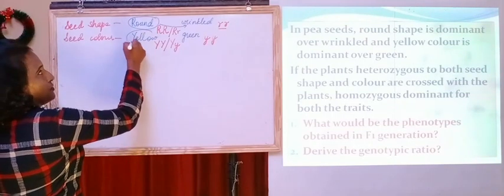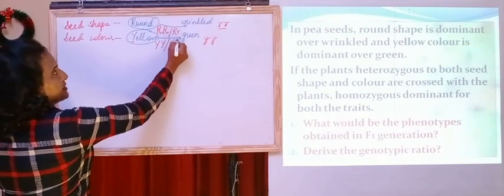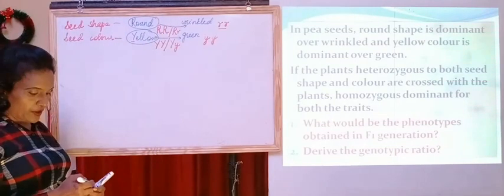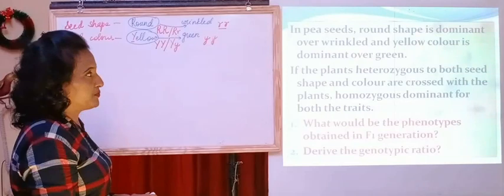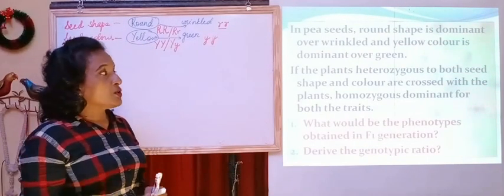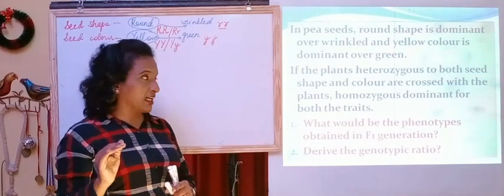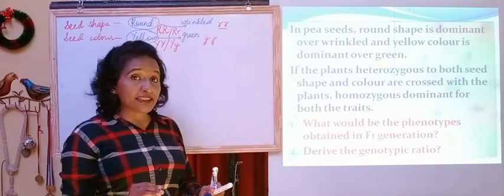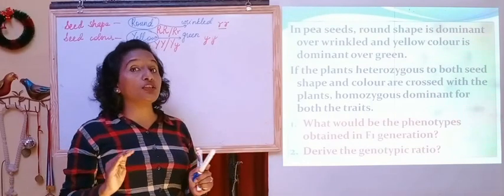So, we already know that yellow is dominant over green and round is dominant over wrinkled. Now we will read the question. If the plant is heterozygous for both seed shape and color, and is crossed with the plant homozygous dominant for both the traits.